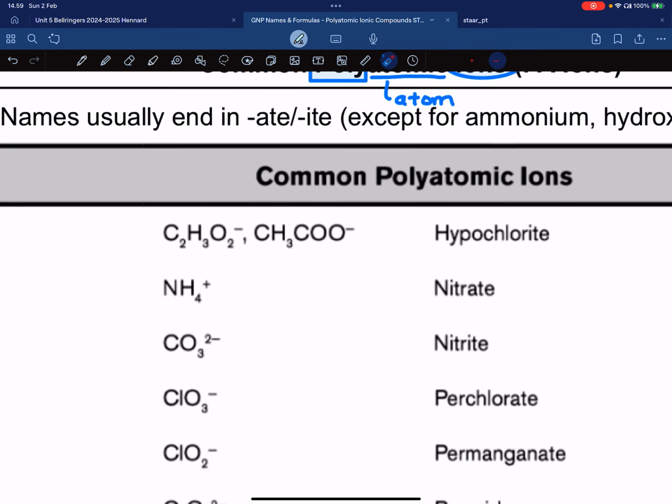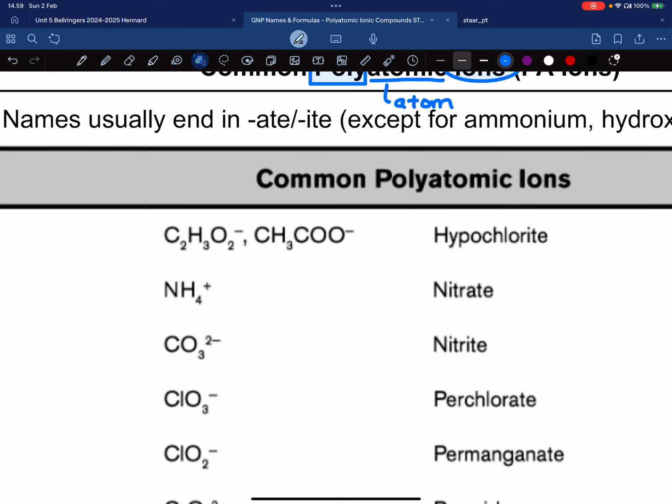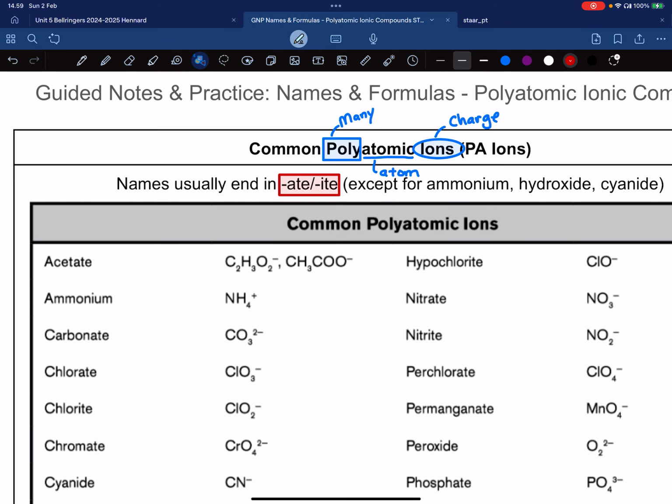Now, the key thing to remember is that they will almost always end in ATE or ITE. Because remember, if something ended in IDE, it was an element, what we call a monatomic ion, right?